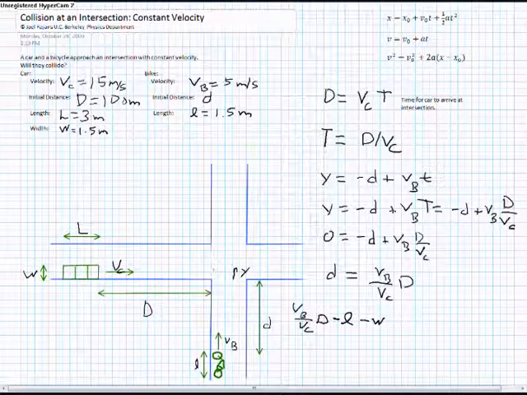When the car arrives right here, the bicyclist is going to be right there. So for there to be an intersection, the distance d has to be greater than the distance that we just calculated.